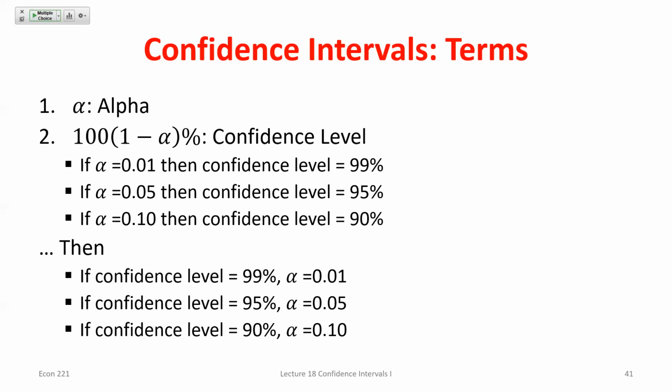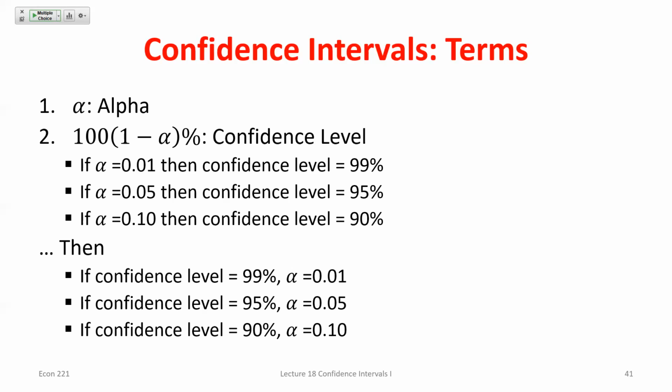Well, what was that area in the tail? Alpha was the total area in the tails, but I've always had two tails. I always have two sides of my confidence interval. So alpha over 2 was in each tail. So what this 1.96 value represented was just the z-score that gives me alpha over 2 in each tail.